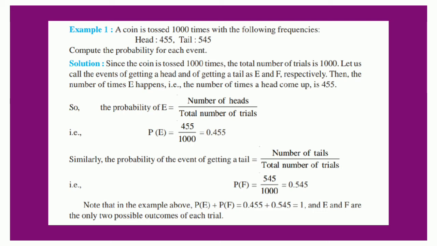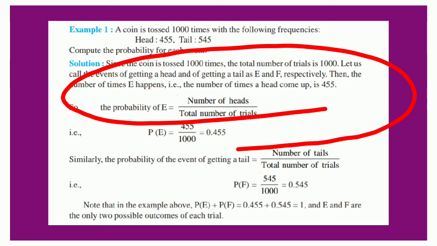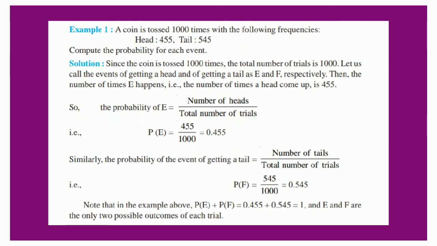So here we have two events: getting a head and getting a tail. We can call one event E and the second event F. Then the number of times E happens, that is the number of times a head comes up, is 455. That means event E means head and event F means tail.